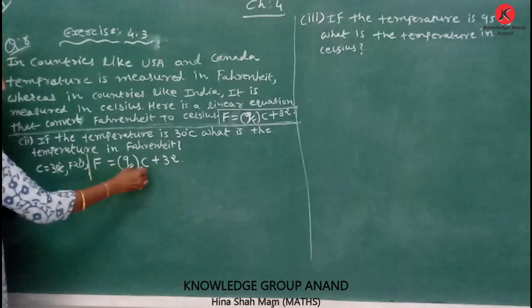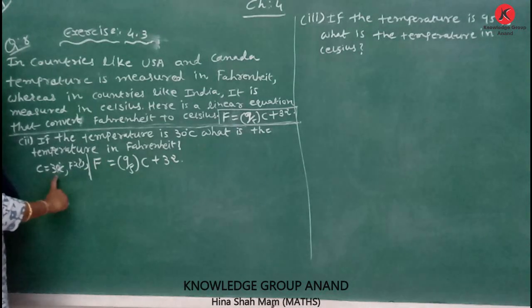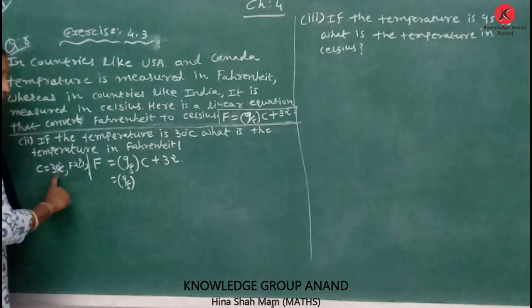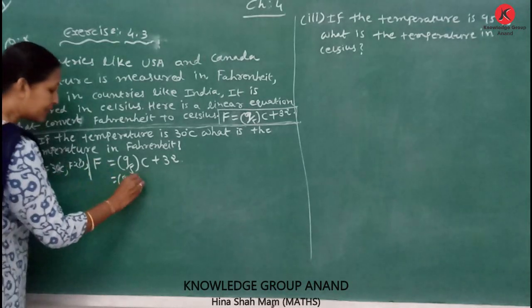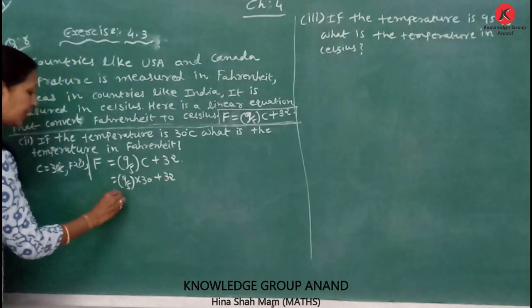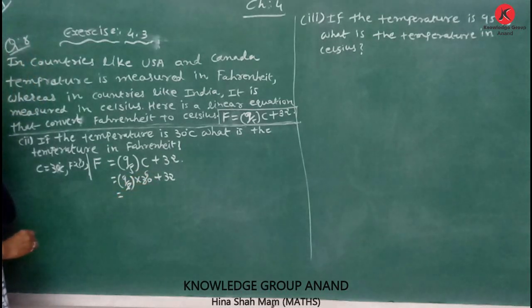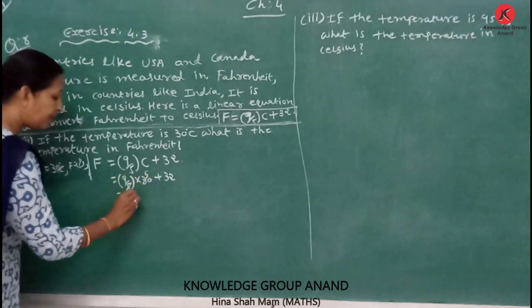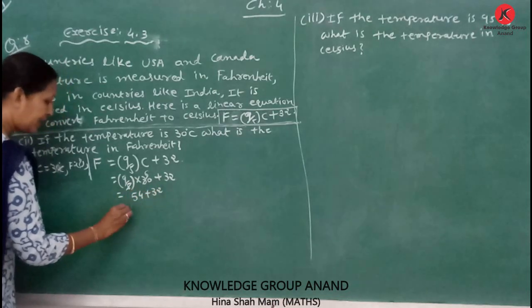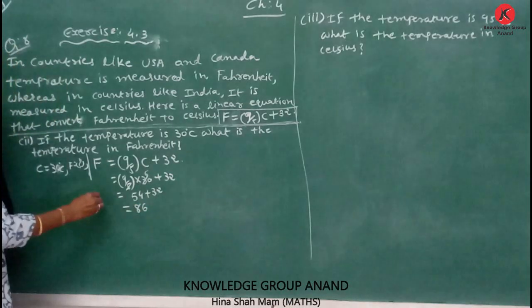Here F is equal to 9 by 5 C plus 32. Putting in the value, C is equal to 30. Multiply: 9 times 6 is 54, plus 32 is equal to 86.